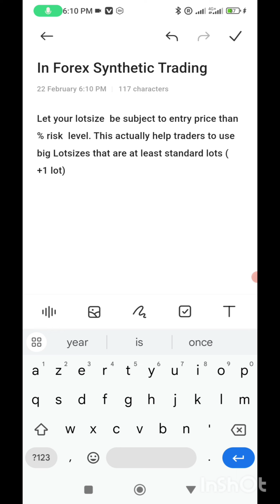So standard lot means one lot size, okay? But we use the word at least, meaning that it's not necessarily just one lot size. With this idea, you can use 2 lot size, 3 lot size to infinity. Now, what are we controlling?